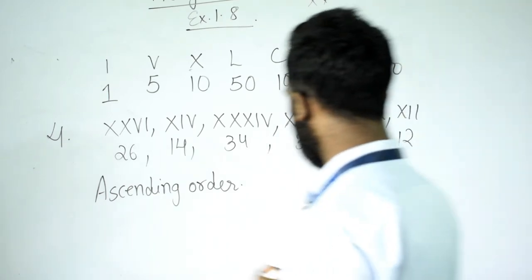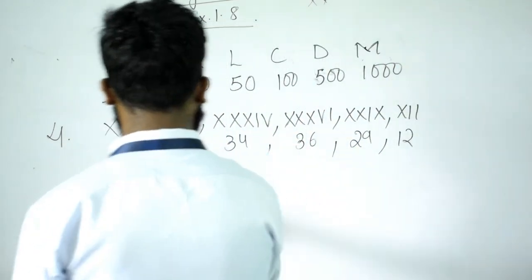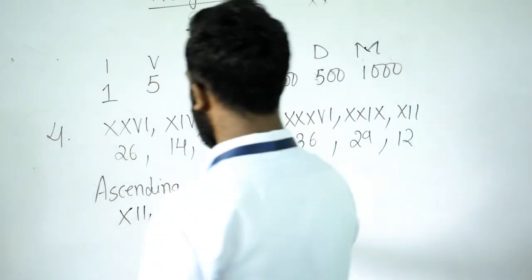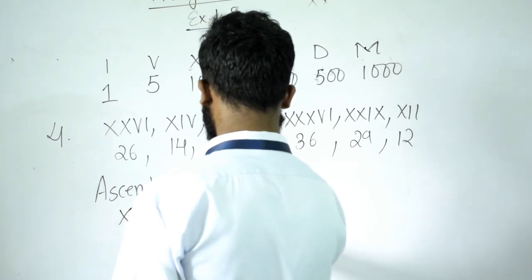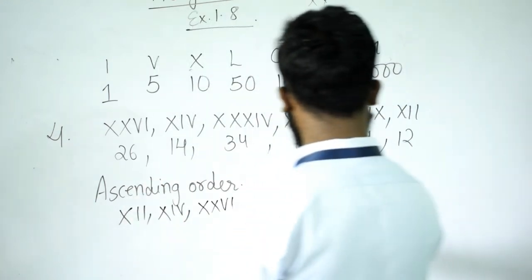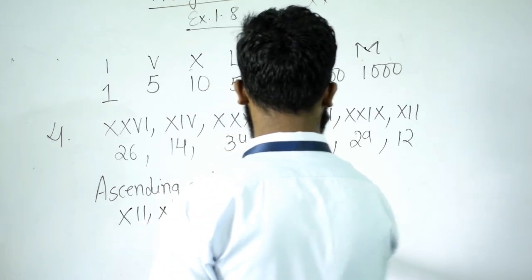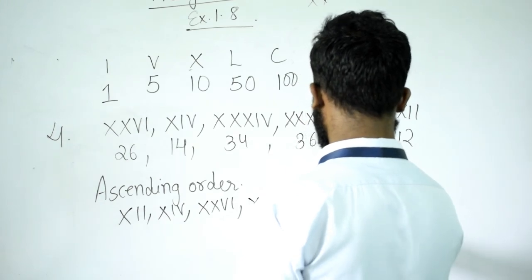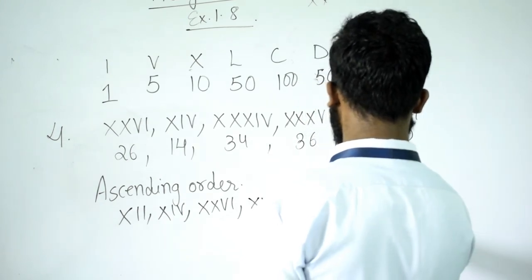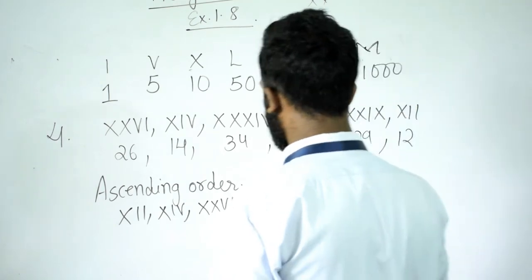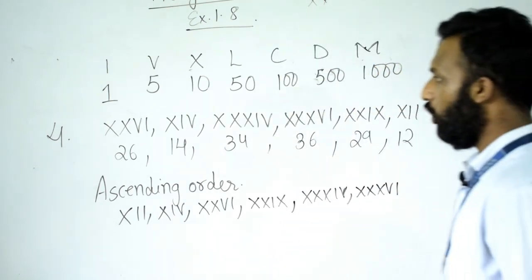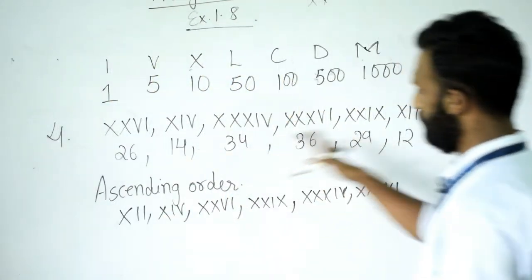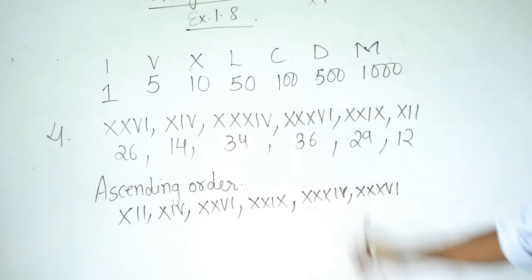The first one is 12, then 14, then 26, then 29, then 34, and the last one is 36. So this is the ascending order of question number 4. This is how you will write the ascending order of the Roman numericals.